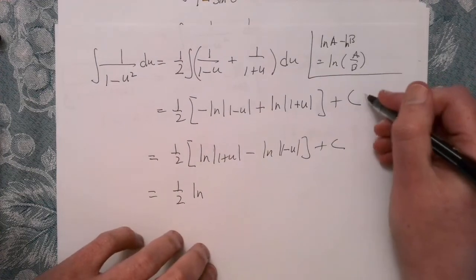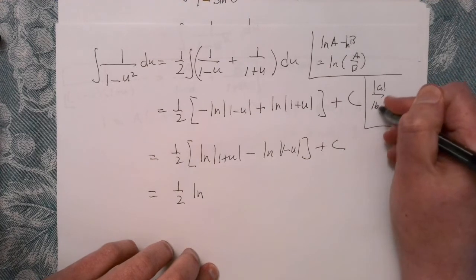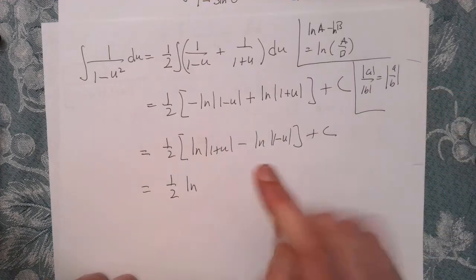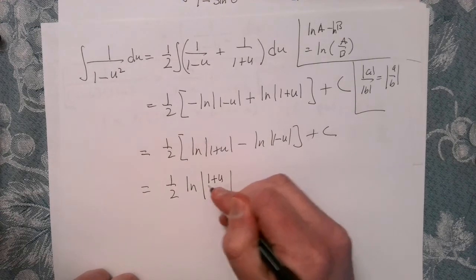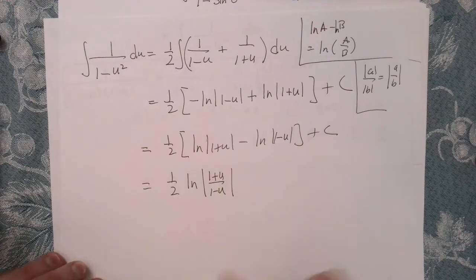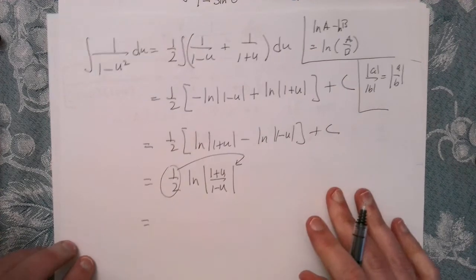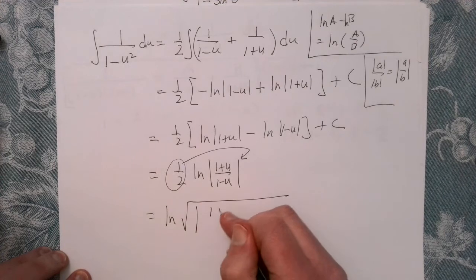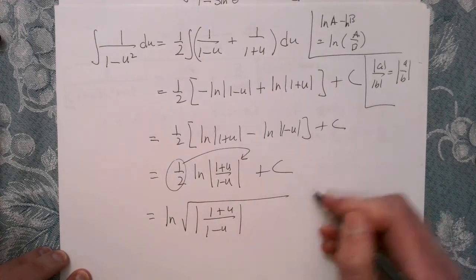Also in terms of absolute values, we know that the absolute value of a over the absolute value of b is equal to the absolute value of a over b. So I can write these individual absolute values as a single absolute value. So I've got 1 plus u over 1 minus u. That seems nice. And then, of course, I can place that up there. But if I place that up here, a power of 1/2 means I have a square root. And don't forget your plus c.